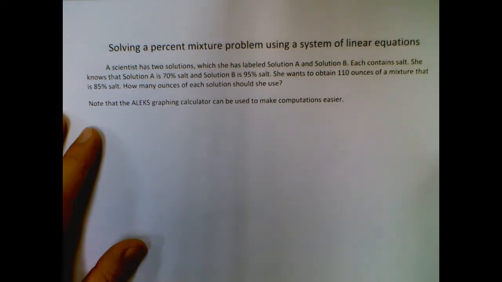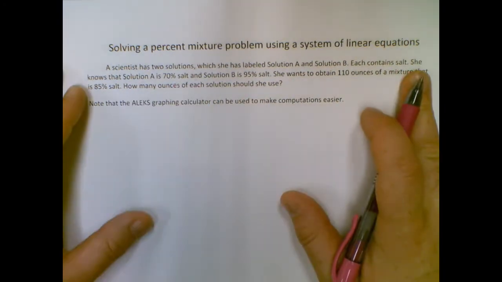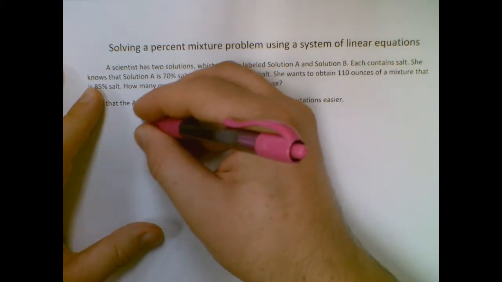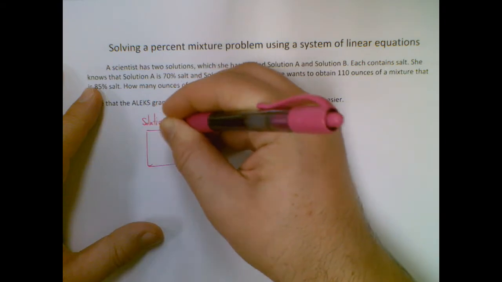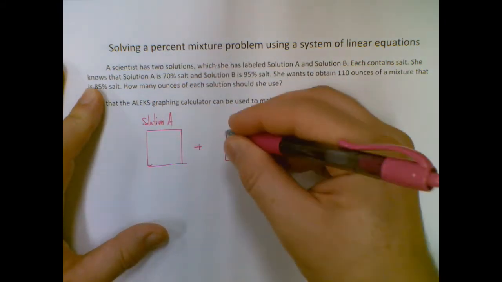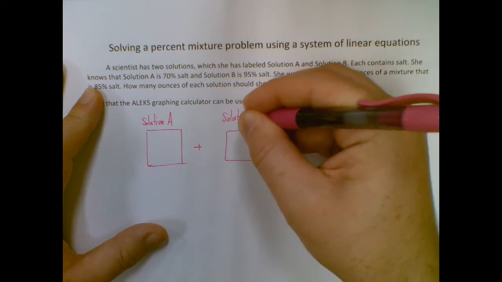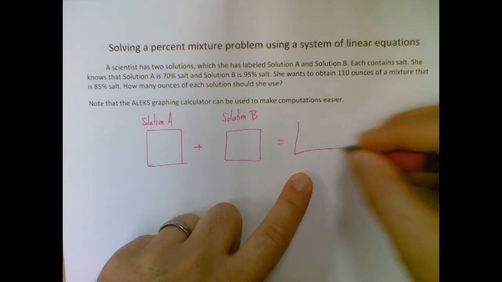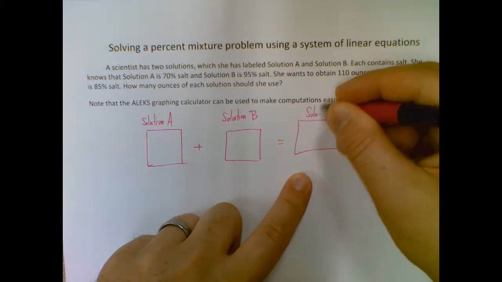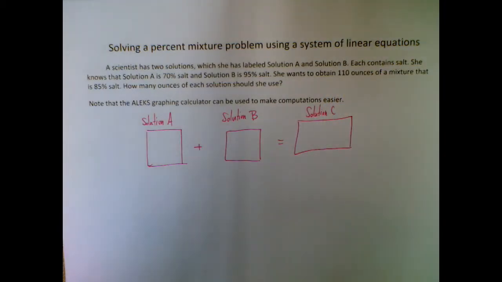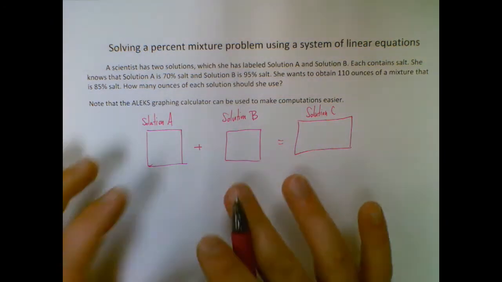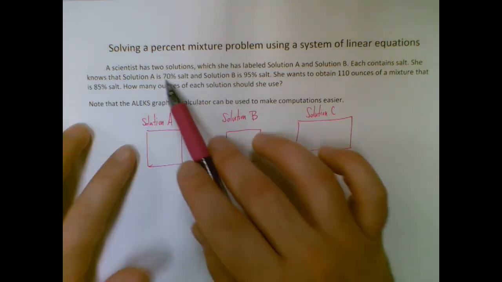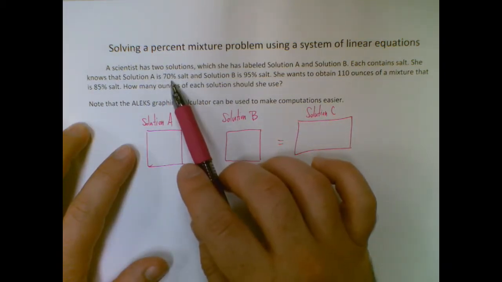So how we're setting this up is we want to think about what we're really looking at. We have some amount of solution A, and we're going to mix that with some amount of solution B. And then that result, after I mix it, is going to give me an amount of solution C. If it's a mixture of 70% salt, that means that it's 70% salt and the other 30% is just water.